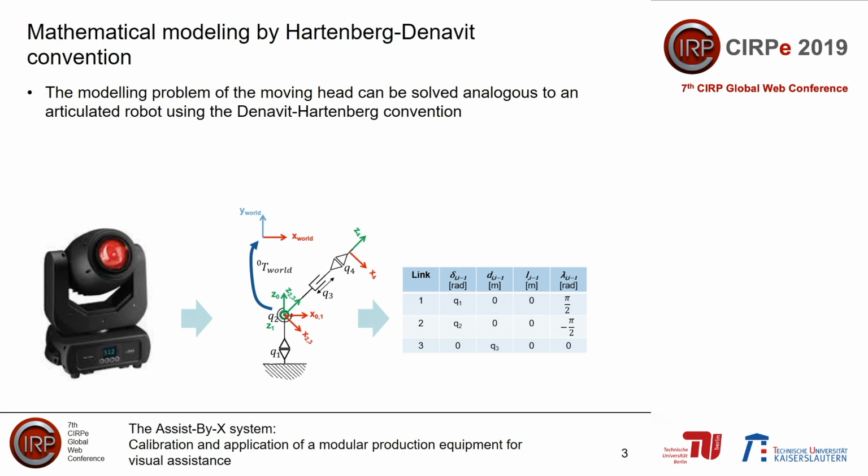This parameter is less important for the calibration and will not be considered in the frame of this work. The coordinate system of the moving head is located at the intersection of the first and second axis, and the z-axis is located along the first rotation axis. The x-axis results from the cross product of the first and the second axis.